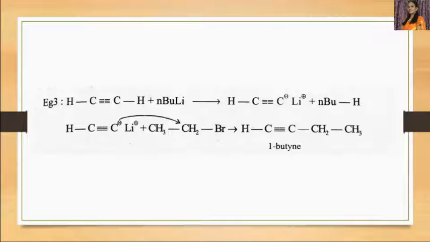Thus, lithium is removed in the form of LiBr, and here we started with acetylene. Now here we got one, two carbons, and in between one and two carbon atoms, a triple bond is present. Therefore, it is known as 1-butyne.